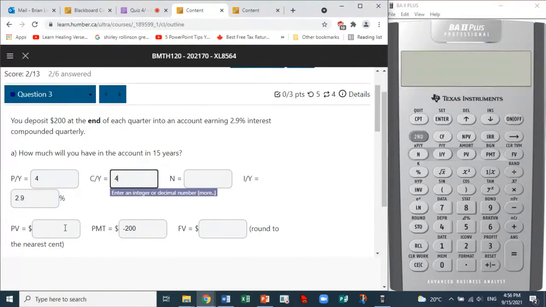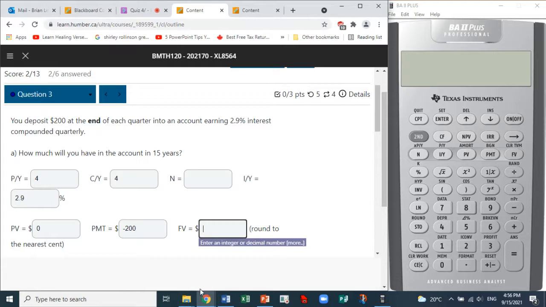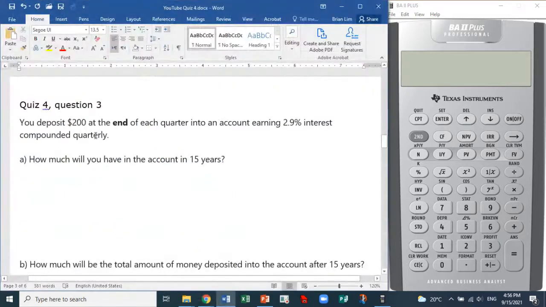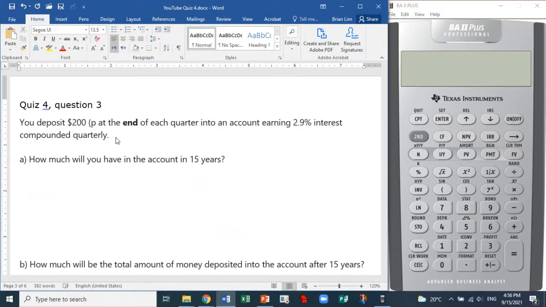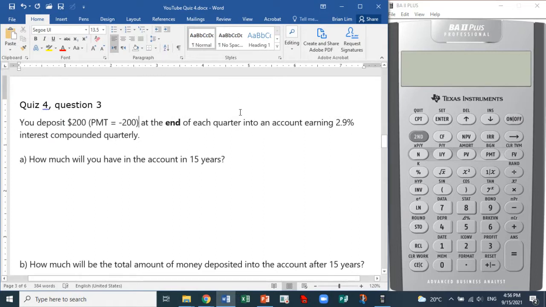Well, the present value would be 0 because we started with 0 and then we're depositing money. And here the future value is the one we have to compute. So if you like, you could always put things in here. This, of course, would be the payment. All right, that's equal to negative 200 at the end of each quarter.